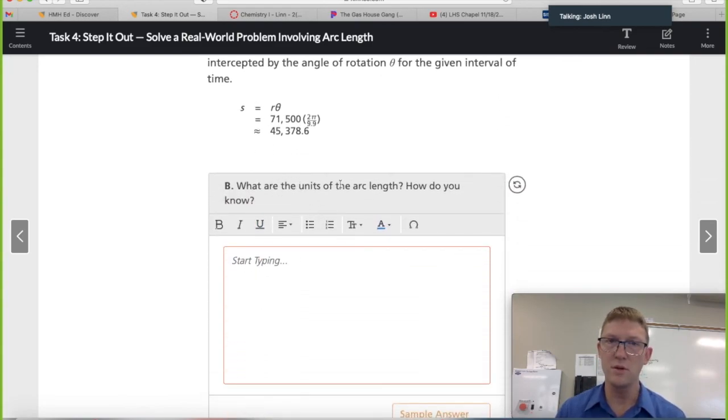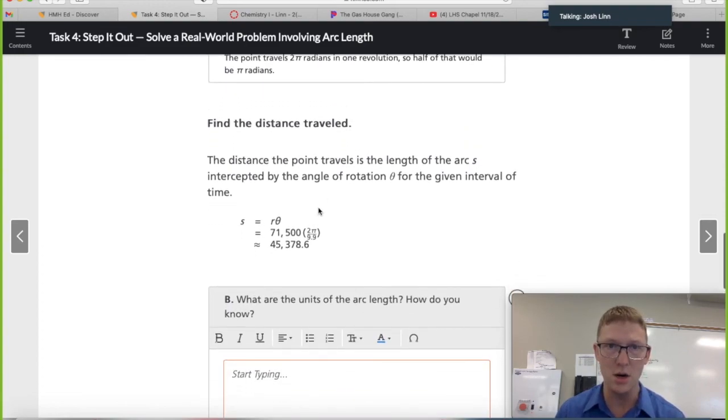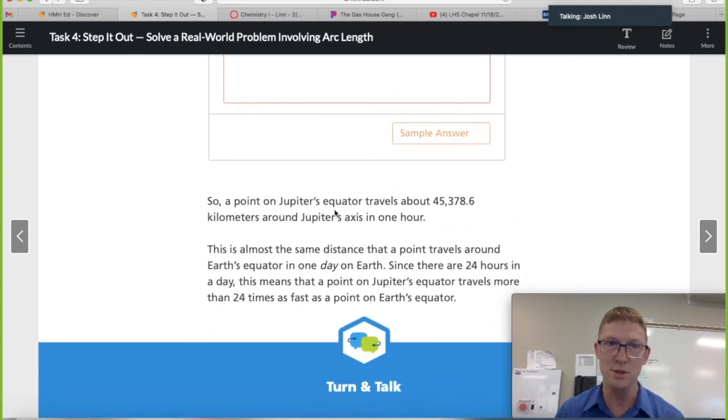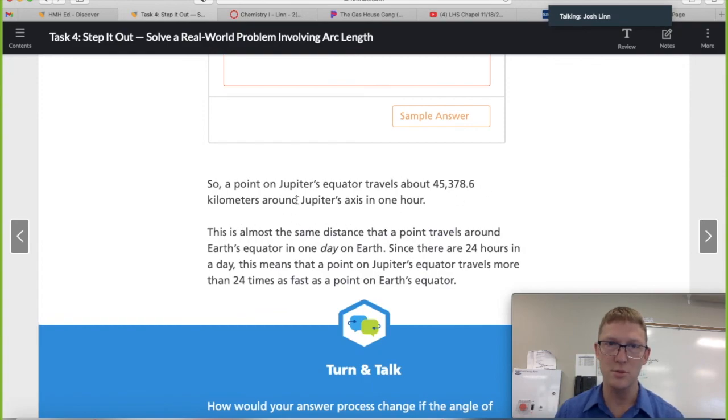So what are the units of the arc length? So it would be kilometers because our radius was given in kilometers. And kilometers around Jupiter's axis in 1 hour. So there you go.